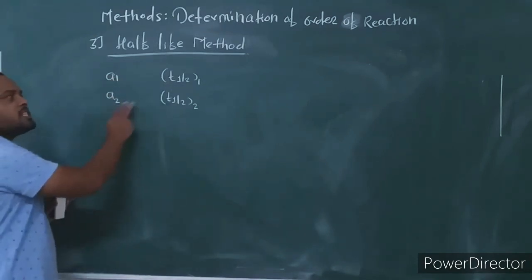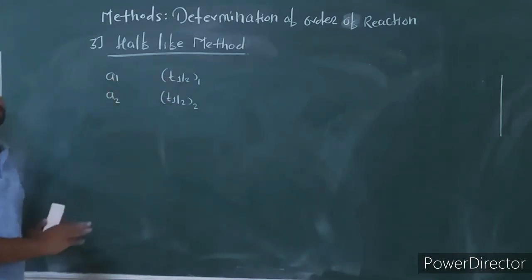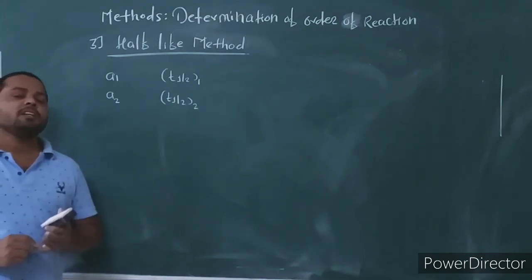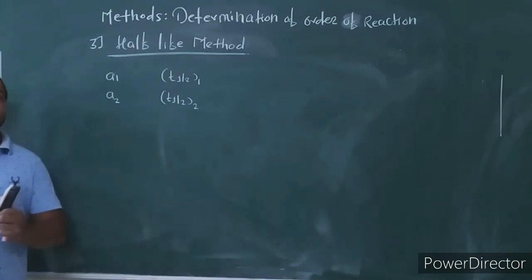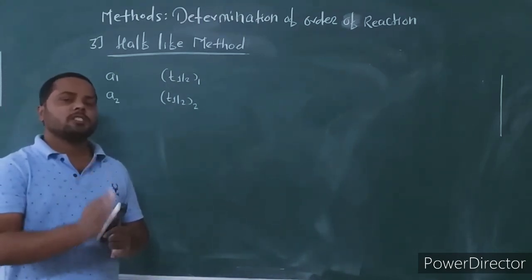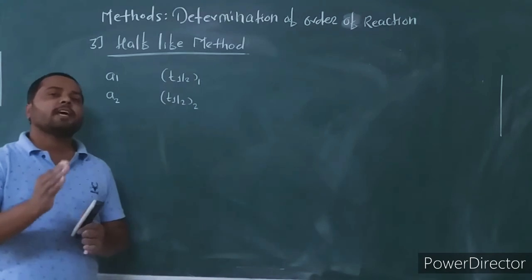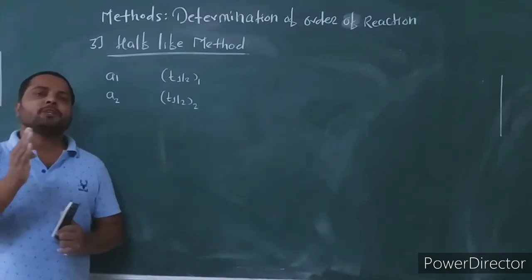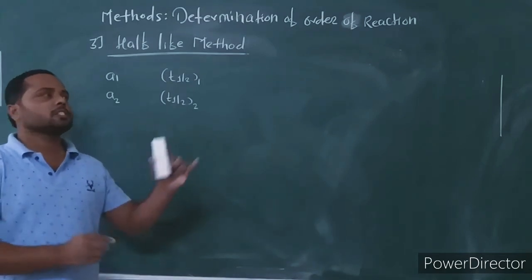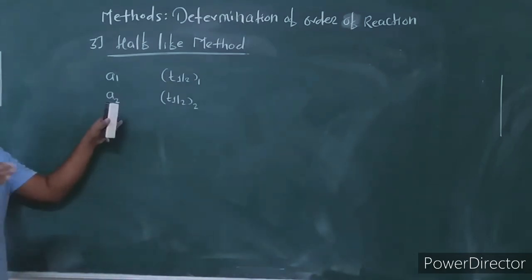By knowing the two initial concentrations and two half-life periods, we can determine the order of chemical reaction.